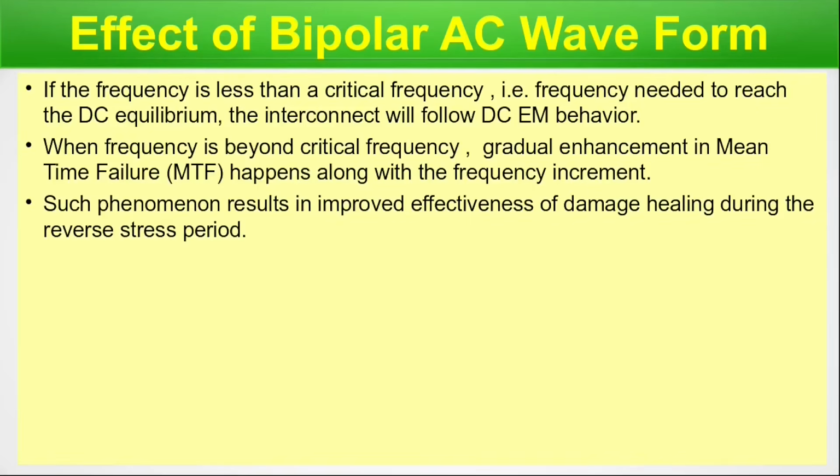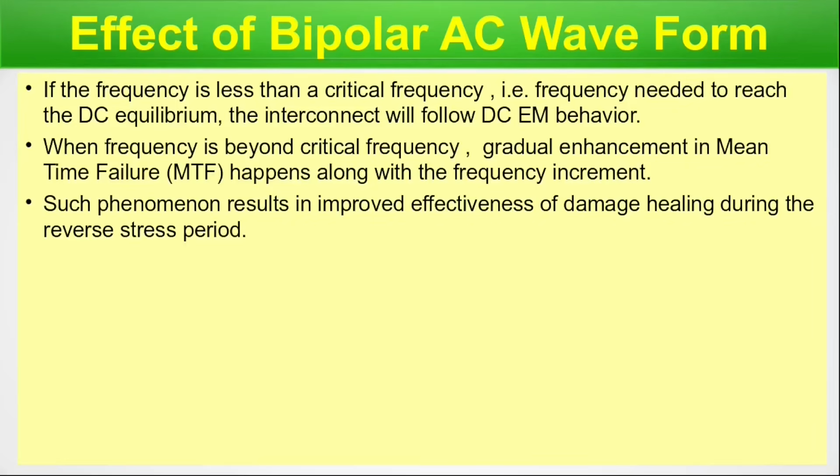Such a phenomenon results in improved effectiveness of the damage healing due to the reverse stress period. In an AC, when the swing is in the opposite direction in the two parts of the half cycles, the direction of the electron wind is completely opposite. So in one case, the electron will try to create a void, and in the other part of the swing, it will try to heal it.